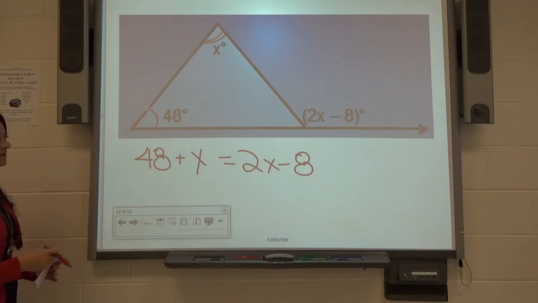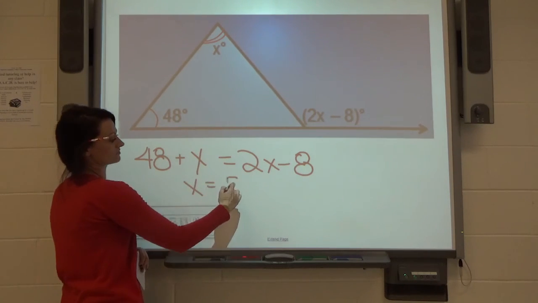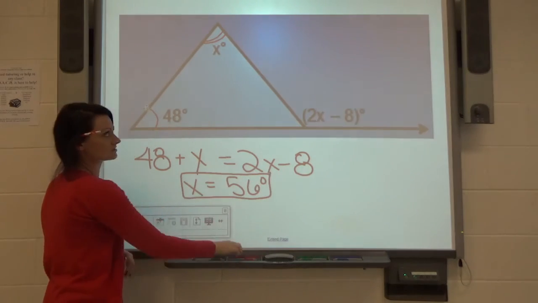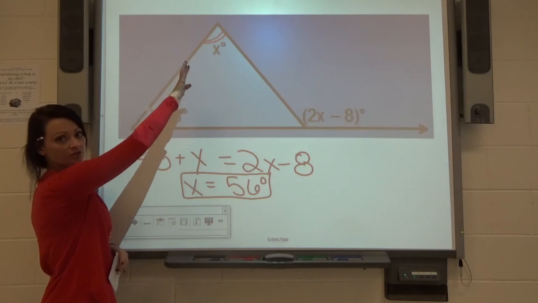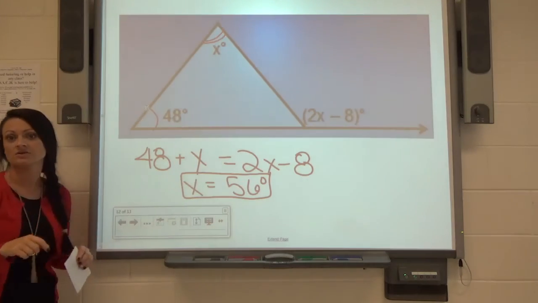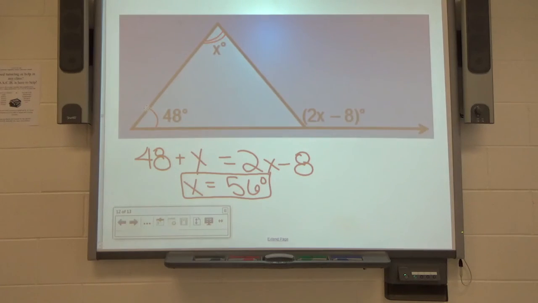And this ends up giving you that x is equal to 56. And again, because x in this triangle is a degree measurement, I'm going to actually label this as degrees. If it is just x being a variable, I'm not going to label it with degrees.